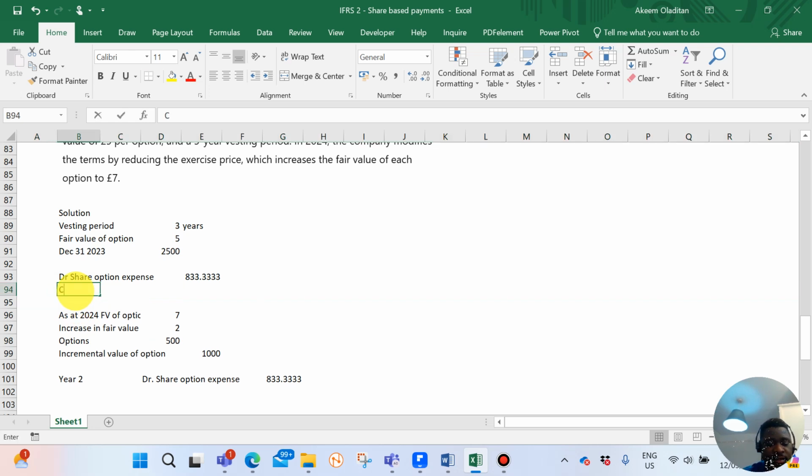The credit is share option reserve that sits within the equity. So it's the same thing here.